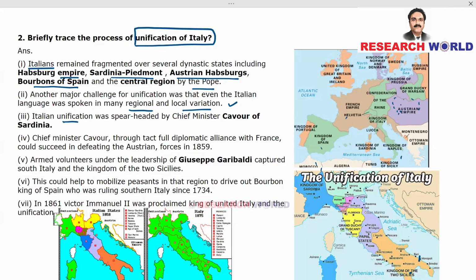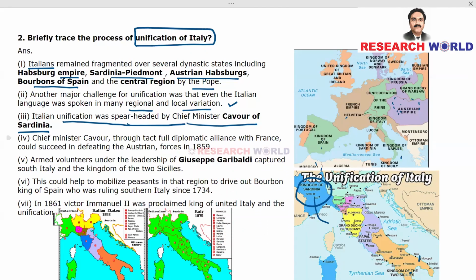Now, Italian unification was spearheaded by Chief Minister Cavour of Sardinia. The Chief Minister of Sardinia decided to unify the states of Italy.